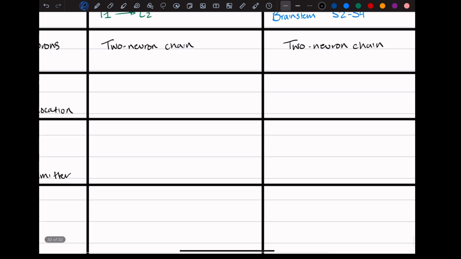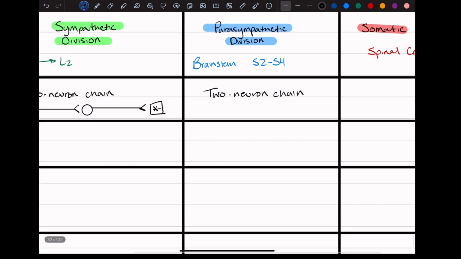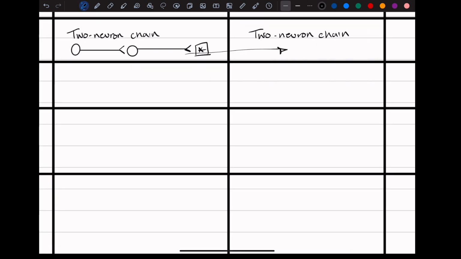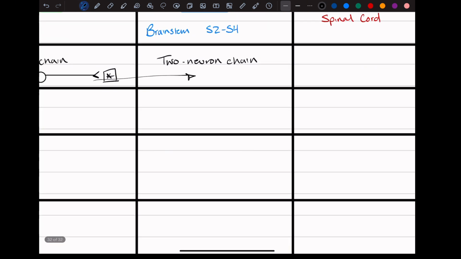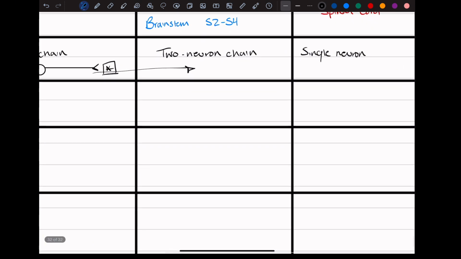This is basically saying here we have one neuron, and before it gets to its point down here, this is where it wants to go, it's going to use another neuron, a pre and post. The parasympathetic division is going to use the exact same thing. But our somatic nervous system is just a single neuron that goes directly from the central nervous system all the way down to the muscle that it innervates.